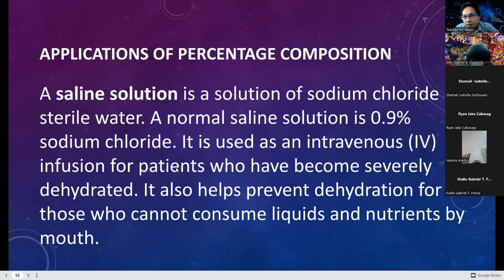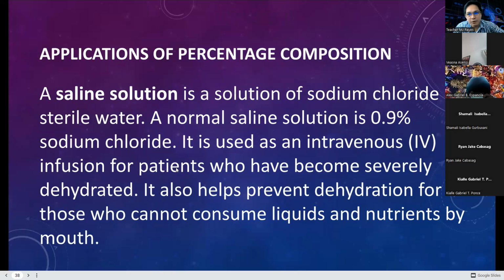Remember? Would you still remember our last discussion, Grade 7? Yes, sir. The natural saline solution is 0.9% sodium chloride. Sodium chloride is salt, NaCl, right?